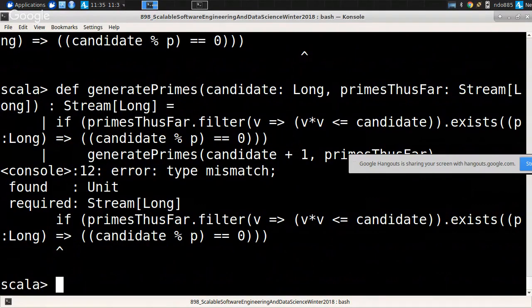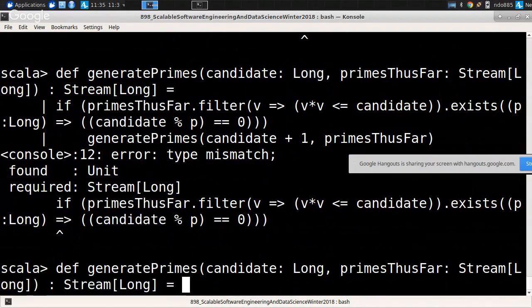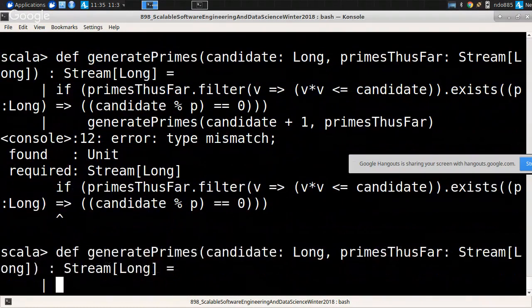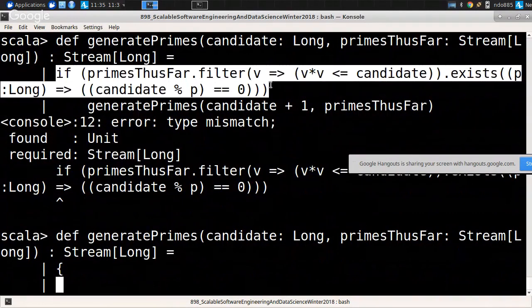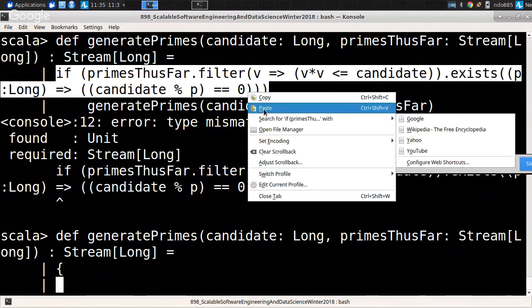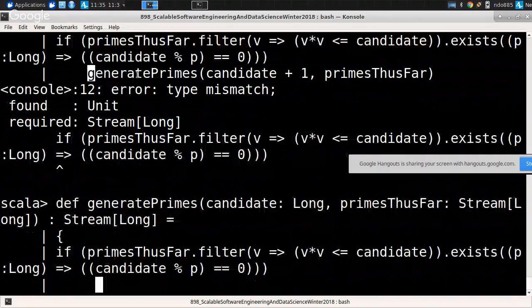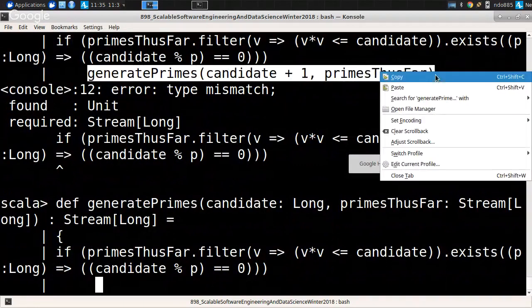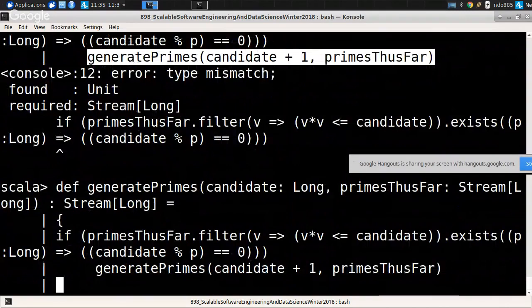Oh my gosh, what's going on? Oh, I forgot the curly bracket. Oh, this is horrible. I should be inside Zeppelin, and now I've abused your trust. Okay, there we go. Now we'll go and paste this down here. You folks are living the charmed life inside of Zeppelin, while I'm in the nasty, brutish, and short life of the Scala interpreter.